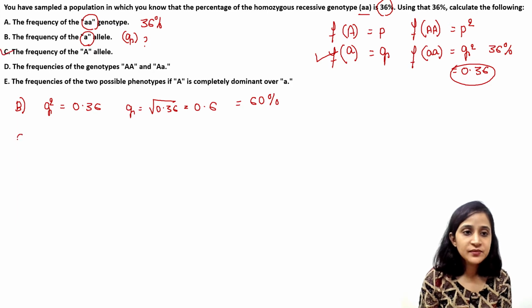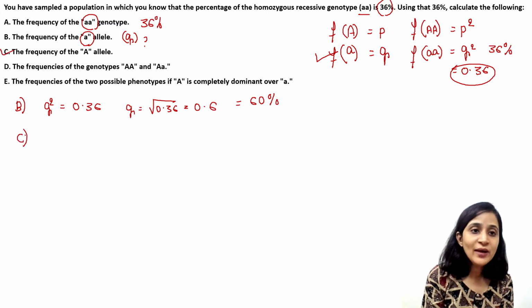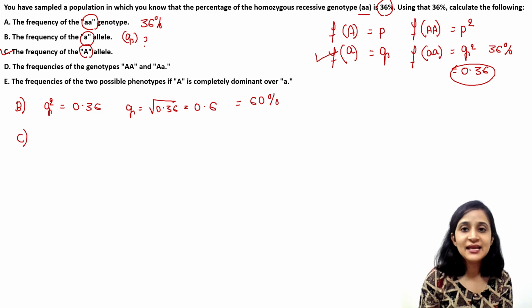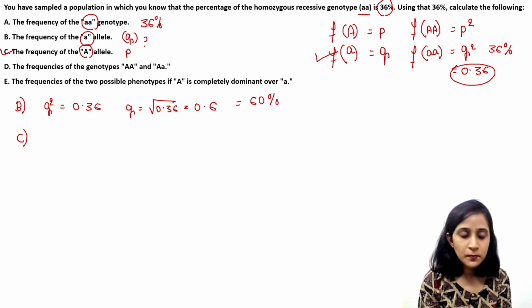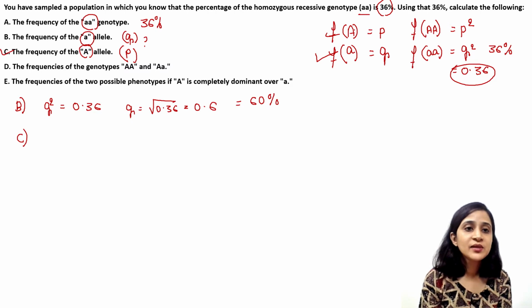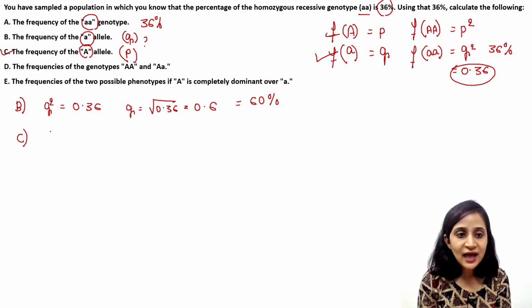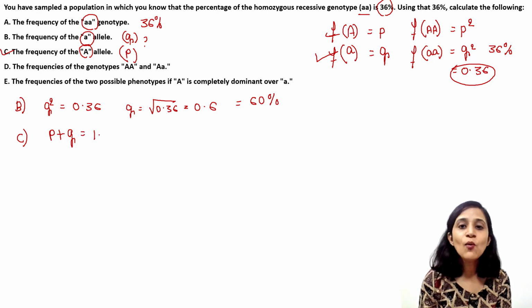Next, C, the frequency of the capital A allele. That means they want to know p. So we know from Hardy-Weinberg law, p plus q is equal to 1.